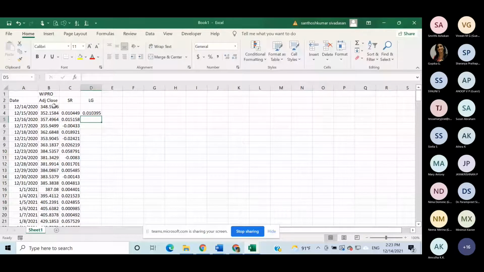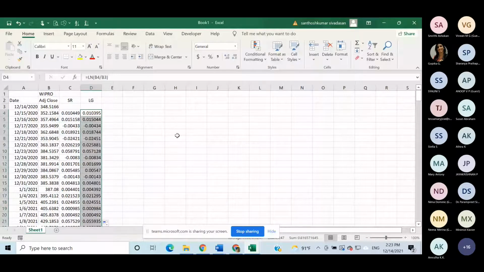That's all. This is the log return. So if you want to fill in the return for the 248 days, double click there. So the log return you got.